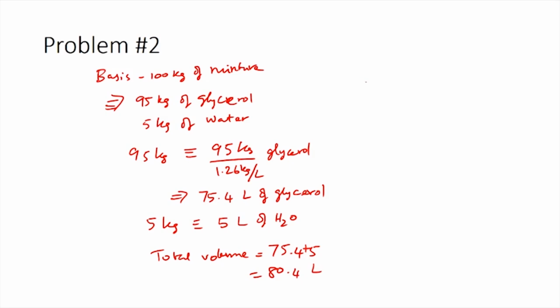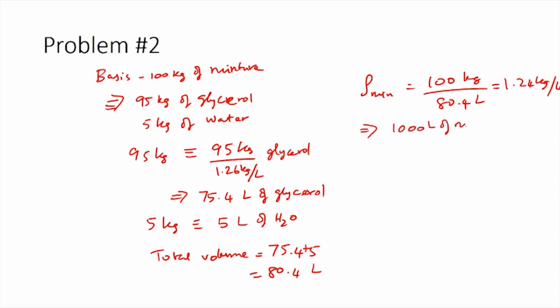From here we can calculate the density of the mixture as mass of the mixture, which is 100 kilograms, divided by volume of the mixture, which is 80.4 liters, giving us the density as 1.24 kilograms per liter. This implies that 1000 liters of mixture which is fed would weigh 1000 times 1.24, which is equal to 1240 kilograms of mixture.